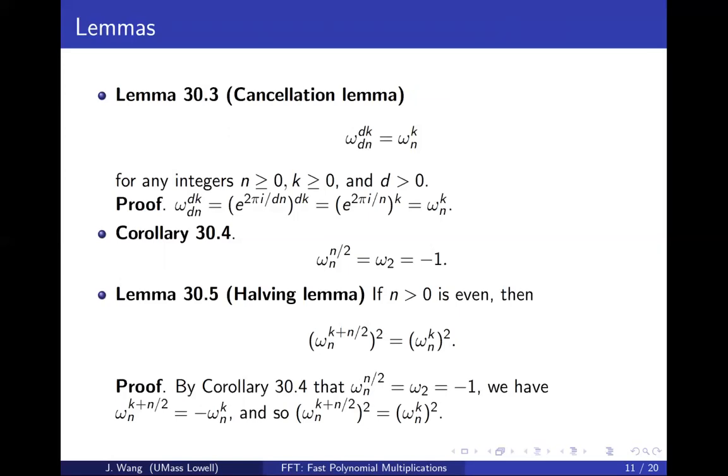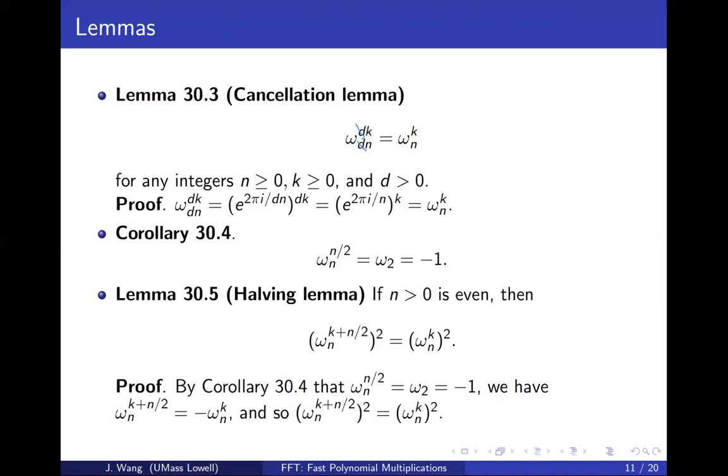It's straightforward: omega dn dk is equal to omega n k. That means the d is canceled, for any n greater than or equal to 0, k greater than or equal to 0, and d greater than 1.